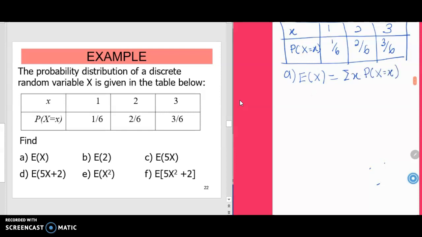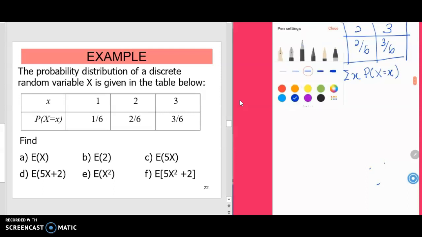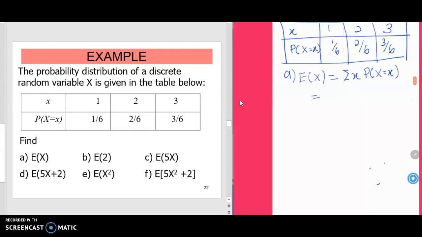So that means 1 times 1 over 6 is equal to 1 over 6, plus 2 over 6 plus 3 over 6. So this one is equal to 7 over 3. So this is expectation of x.